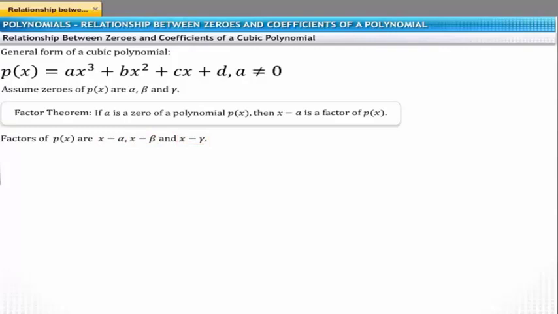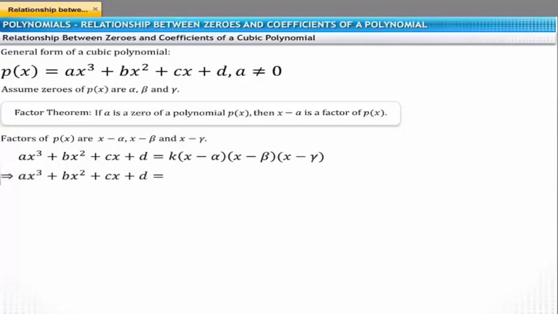As we have seen in the quadratic polynomial, the cubic polynomial is equal to the product of its factors. Let's simplify and rearrange the right-hand side of the equation.